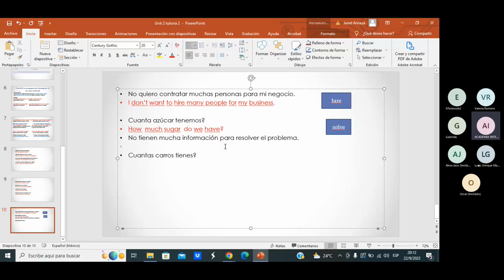Okay, what about this one? Can you make this sentence? What do you think about information? Information. Are you going to use many with that word?